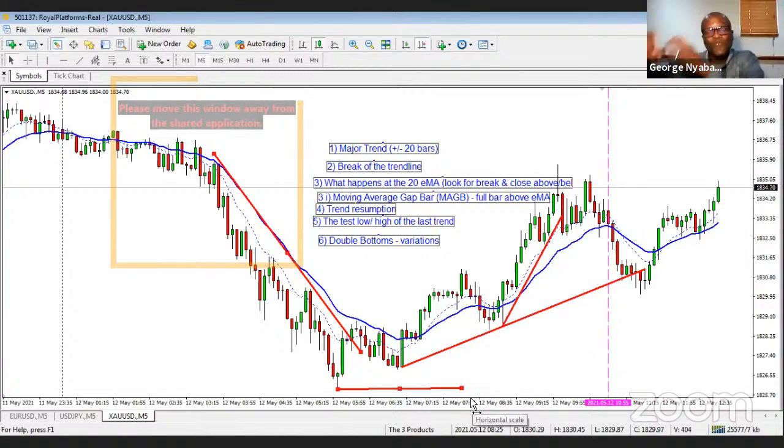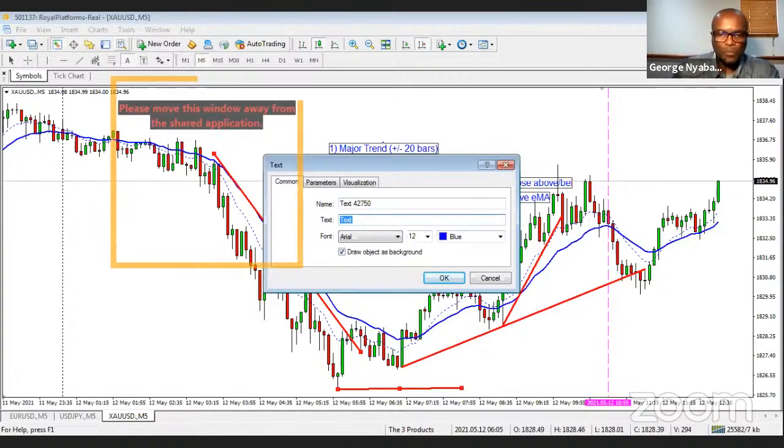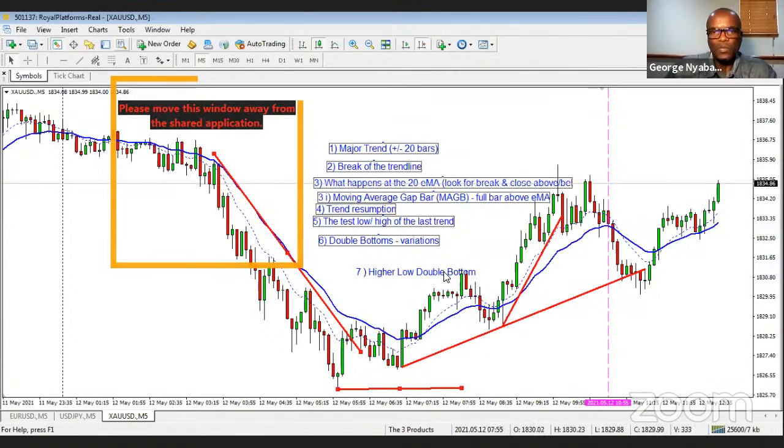Now we're going to look for the entry setup. And what we need after the double bottom, we're looking for a higher low. Okay, that's what we're looking for.